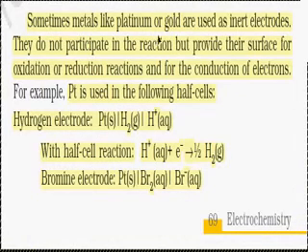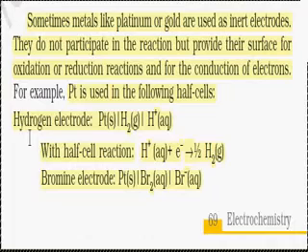Sometimes metals like platinum or gold are used as inert electrodes. They do not participate in the reaction but provide their surface for oxidation or reduction reactions and for the conduction of electrons. For example, platinum is used in the following half cells.